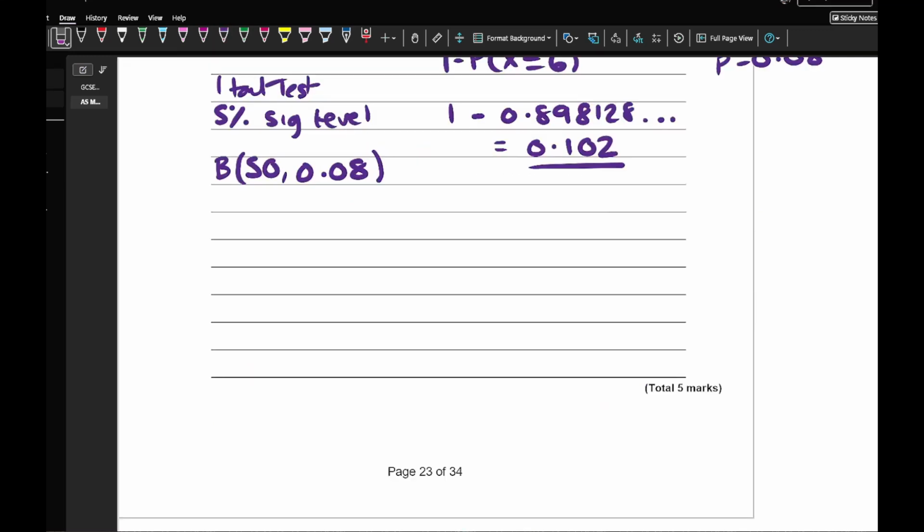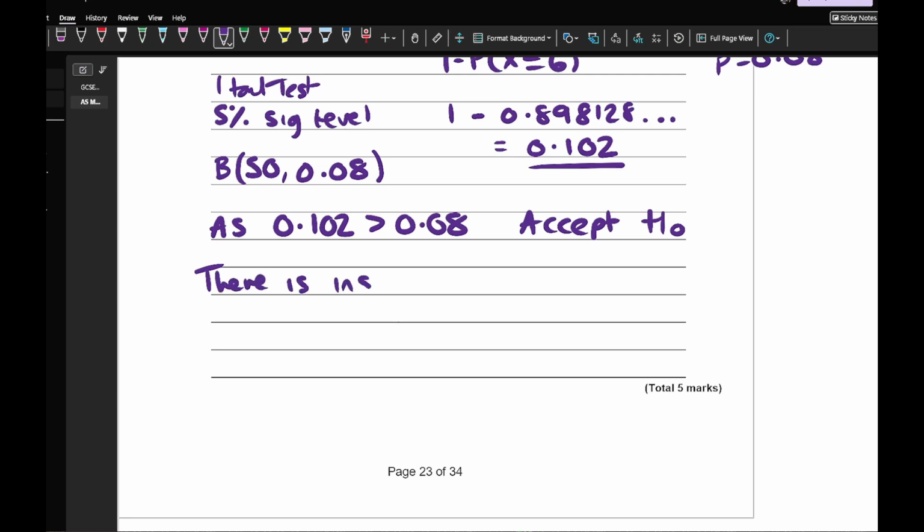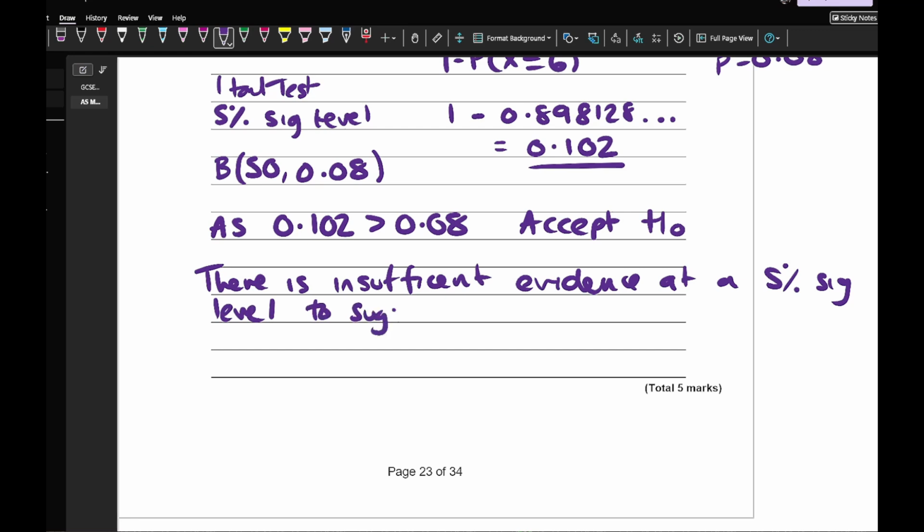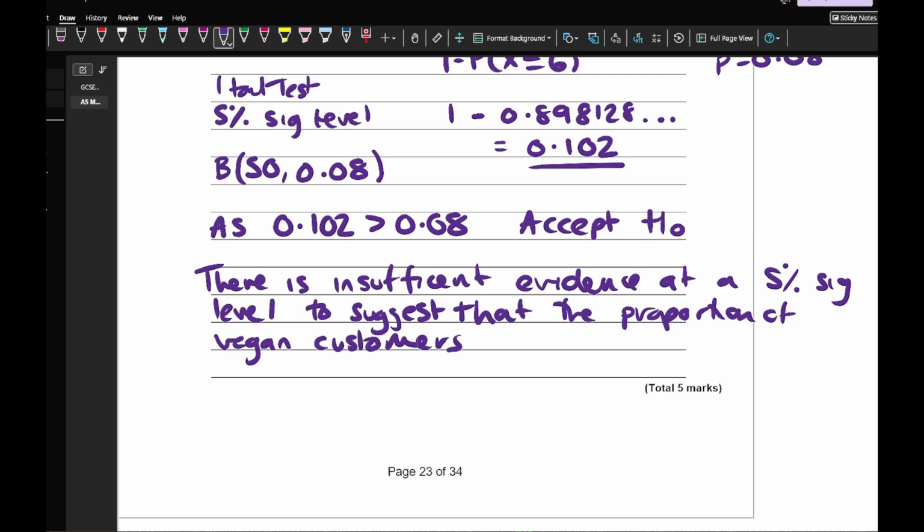So to conclude, all we need to then say is, as 0.102 is greater than 0.05, we accept H0, or you could say you do not reject H0, and there is insufficient evidence at a 5% significance level to suggest that the proportion of vegan customers is greater than 8%.